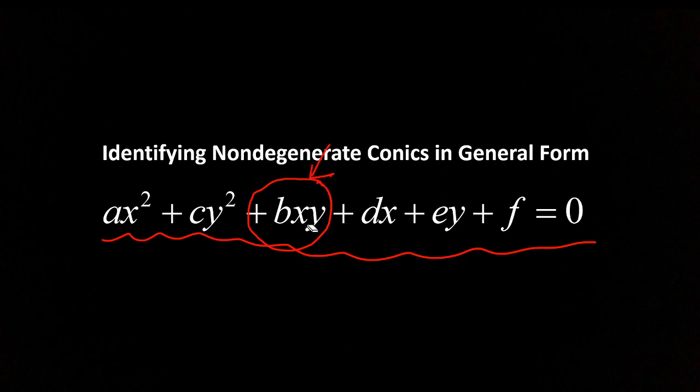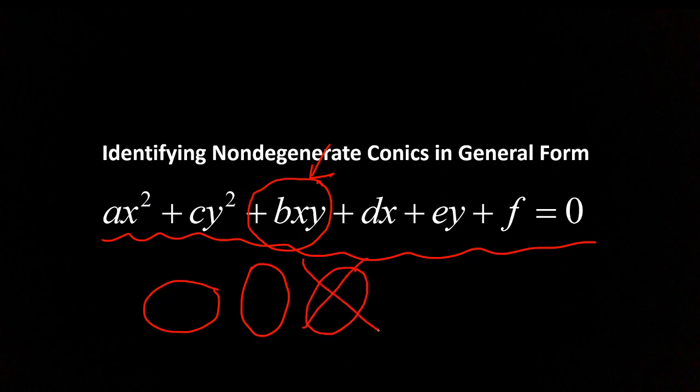The addition of xy to this equation makes the conic sections diagonal. So far we talked about horizontal ellipses and vertical ellipses. If you have this term, then we have an ellipse that looks like that. It is diagonal.